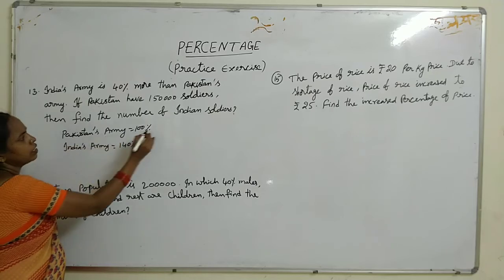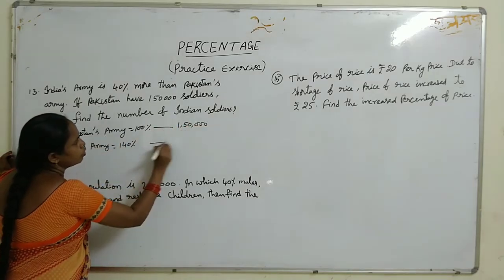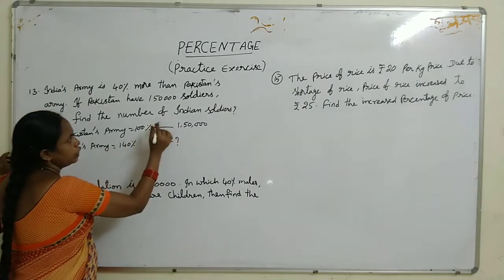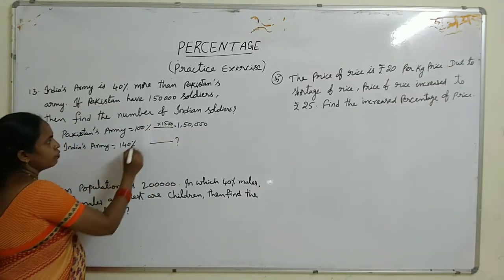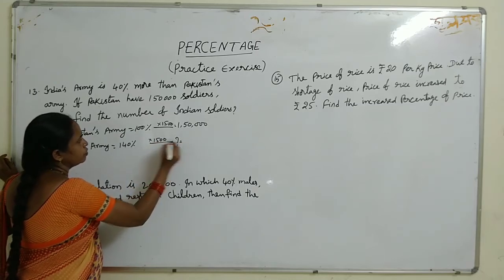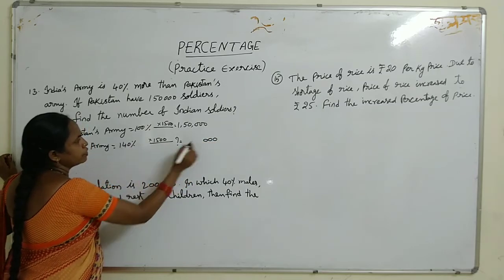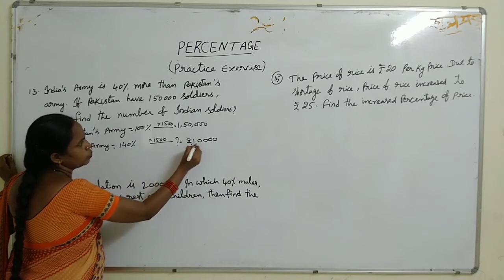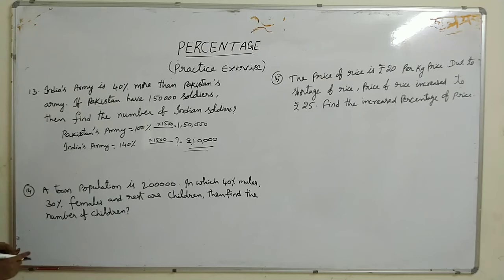Pakistan's army 100% value is 1,50,000. Then the value of the Indian army is 140 into 1500, which equals 1,50,000. 3 zeros. 15 4s are 60. 15 plus 6 is 21. That is 2,10,000. It is the strength of the Indian army.